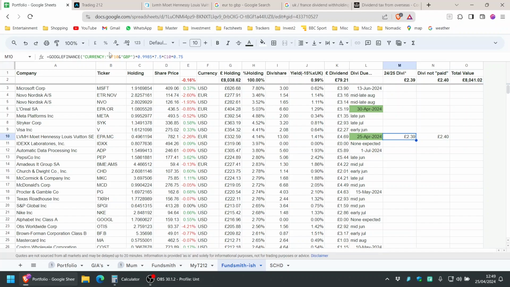So I've used the currency conversion for today. What I've done is I've taken off the 0.15% Trading 212 charges for the currency conversion. €7.50 is put in there, multiplied by the number of shares I own, about half a share, and then I've taken off 25%, and that gets me to about £2.40.